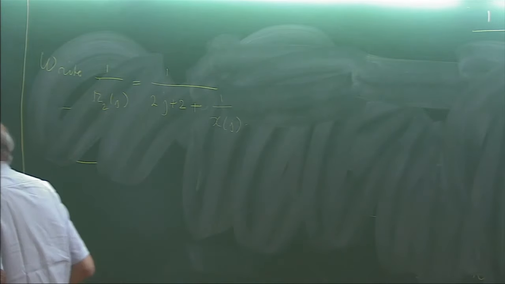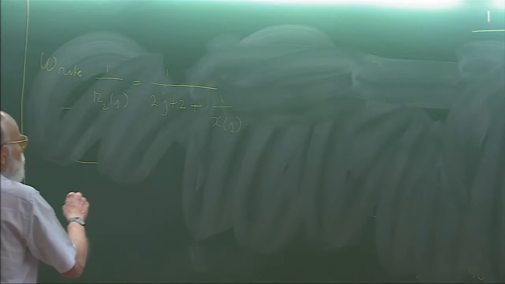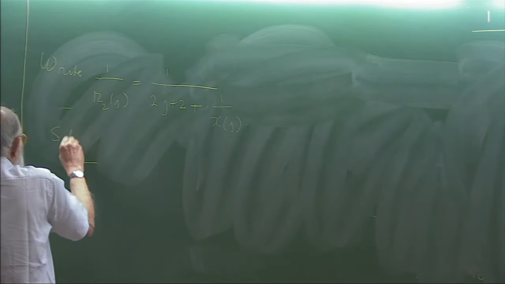X I don't know. I want to determine x. I have the functional equation out here. Stick this expression back into this, get an equation for x, solve it the same approximate way. The answer you get is, solve approximately.